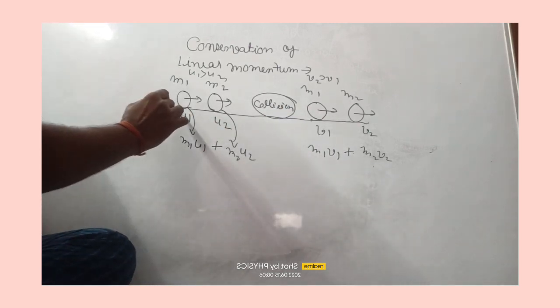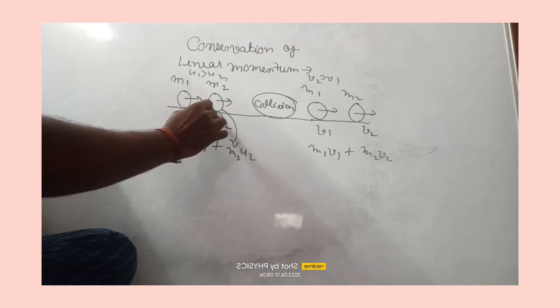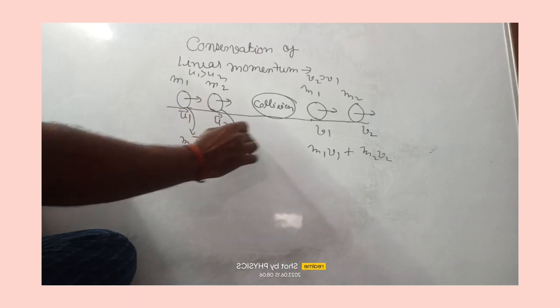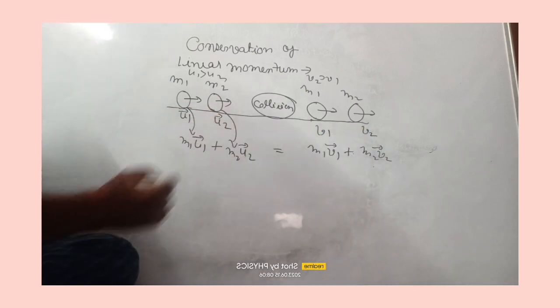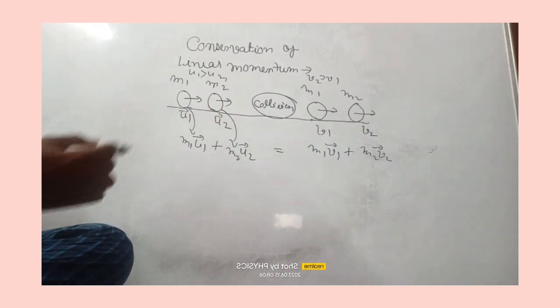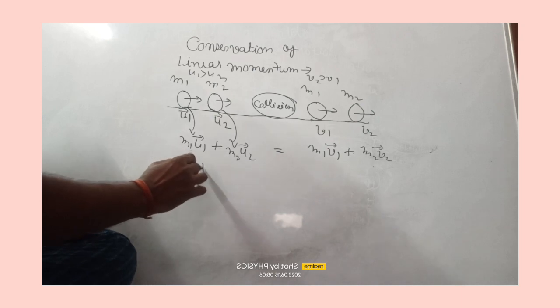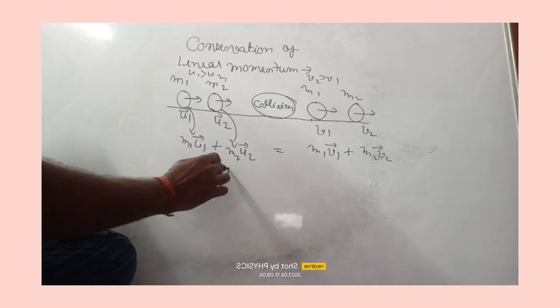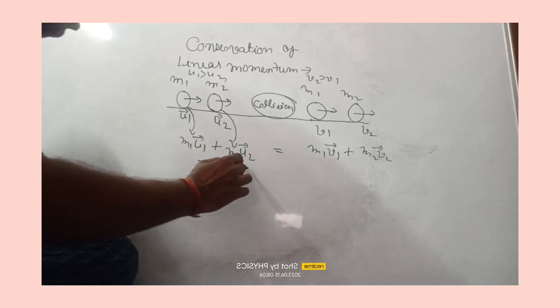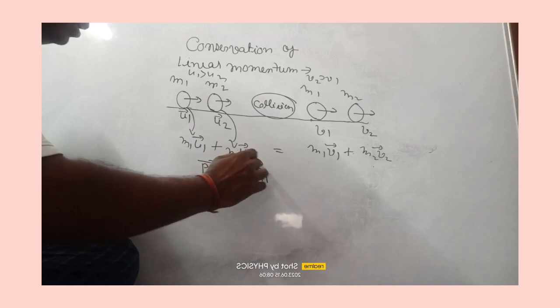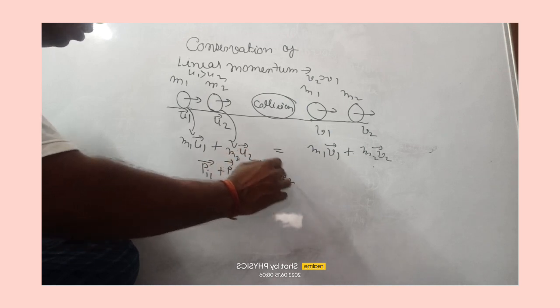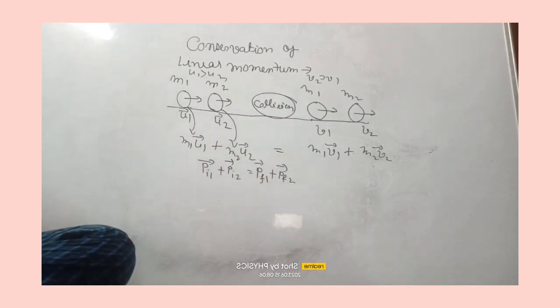Taking the vector sum, that will be equal. That is the initial linear momentum, pi of 1 plus pi of 2, which is equal to pf of 1 plus pf of 2.